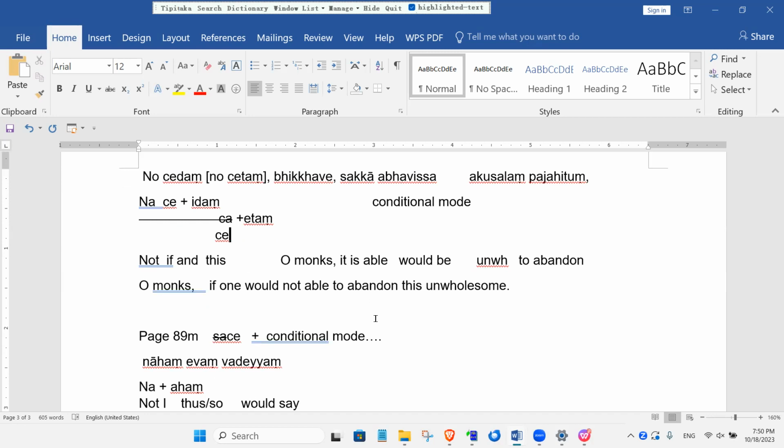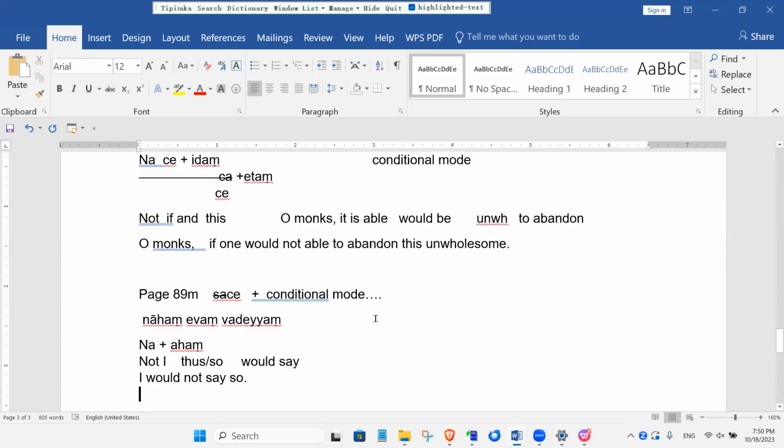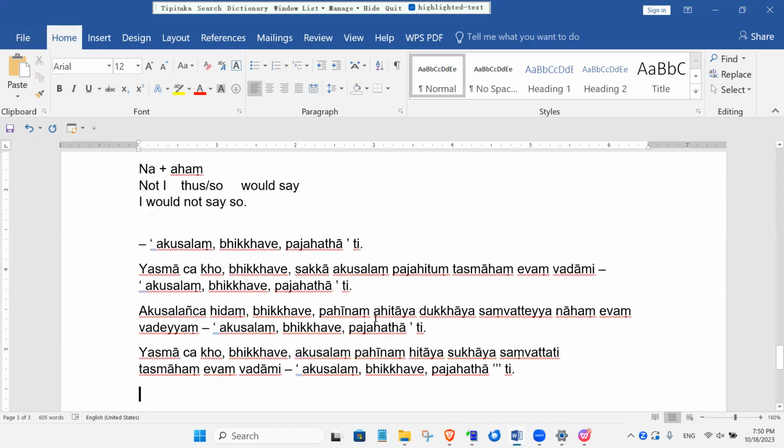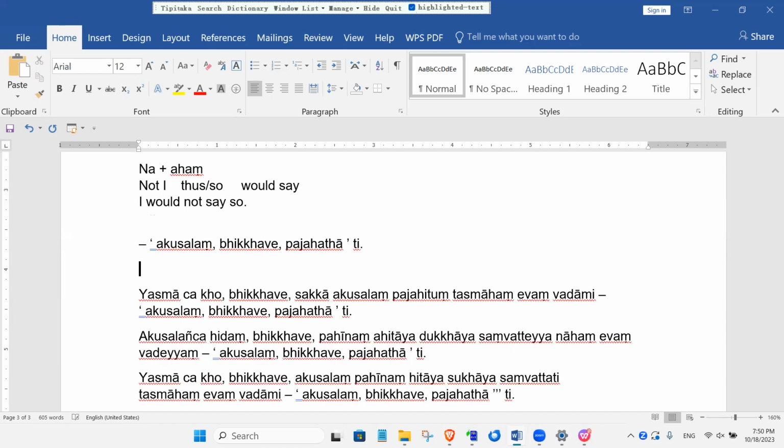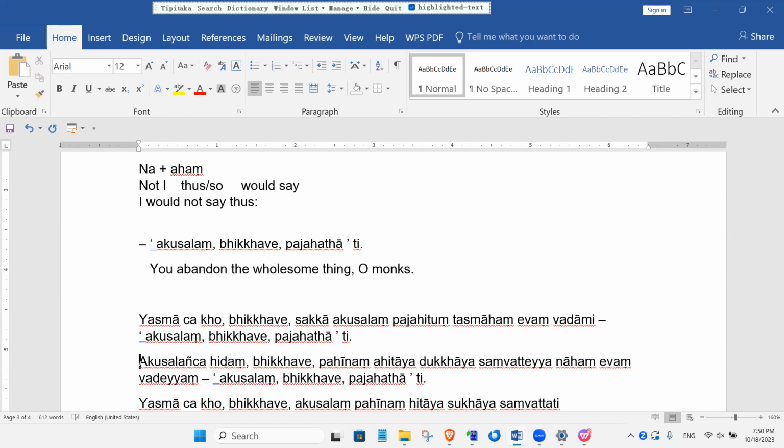Okay, so you all look at this for a while. What the Buddha says: I will not say so or say thus. Same: you abandon the unwholesome things, O monks.